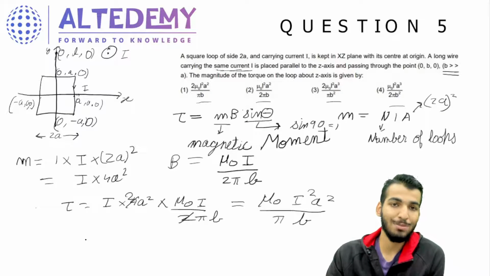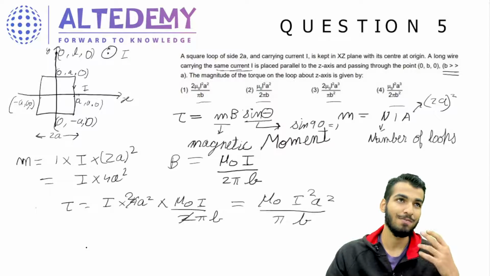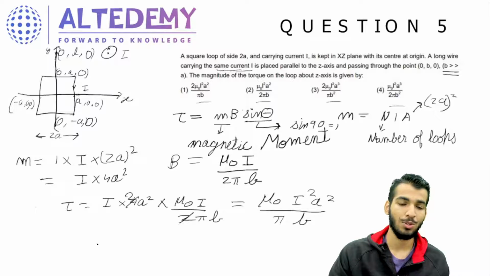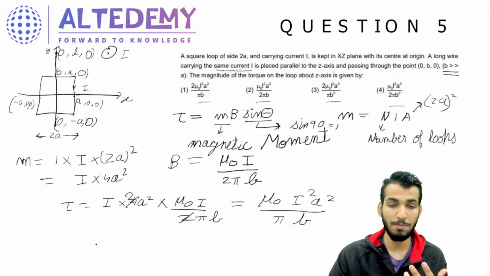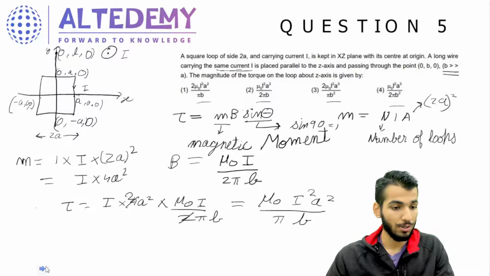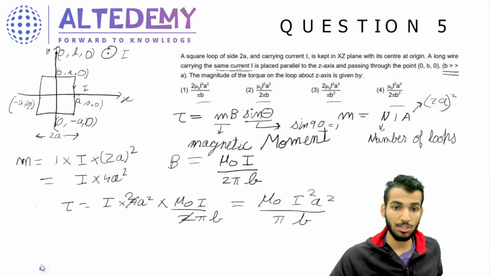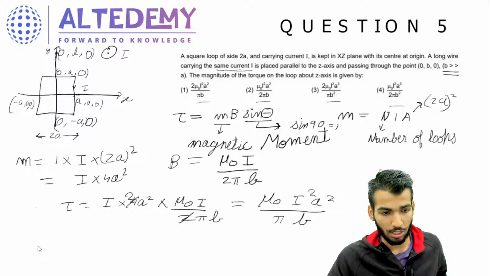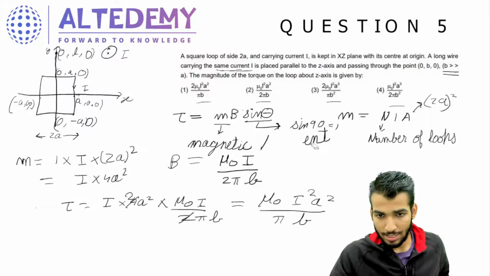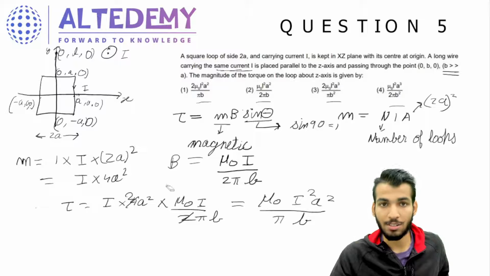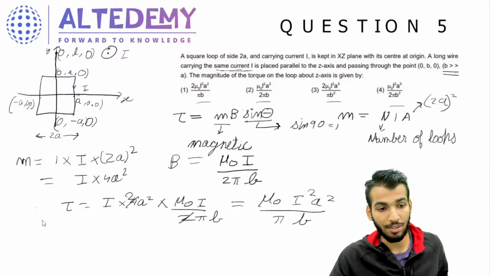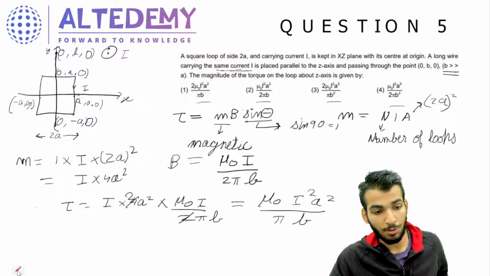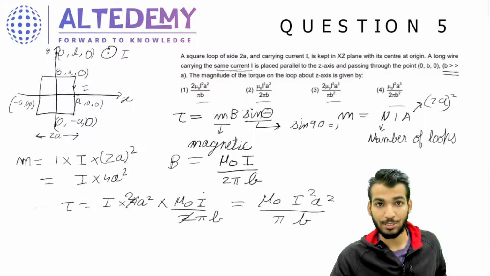So just keep in mind the formulas are well memorized and you have everything on the tip of your tongue. And when you're dealing with questions like these, just remember one thing: always write all the steps when you're doing anything, because it will help you not only in JEE Mains but in JEE Advanced too.